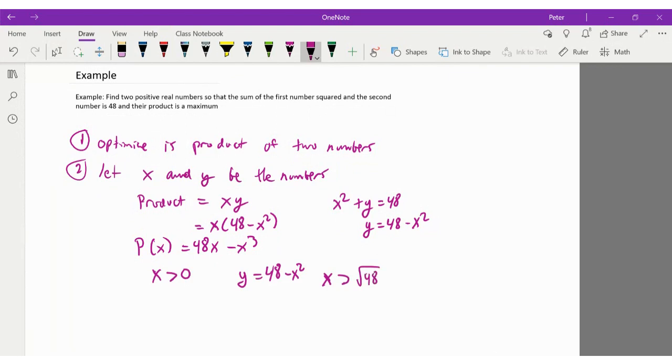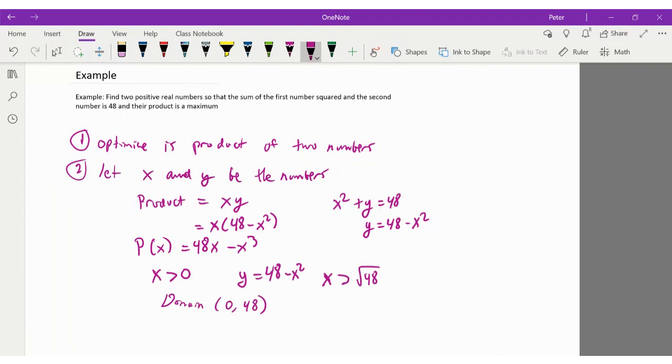So that's really all we know, is that the domain is (0, square root of 48). We're not going to be able to use the endpoints because we have to have two positive numbers, and we're only looking for a critical number inside the interval.